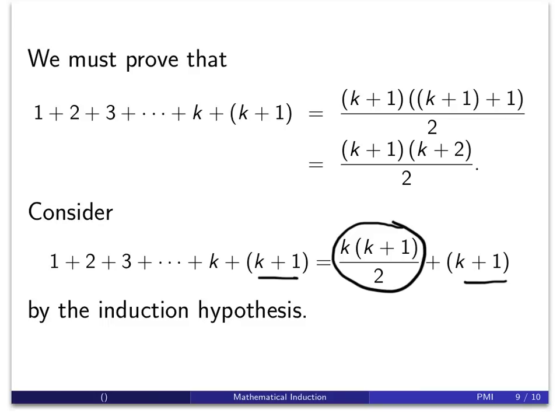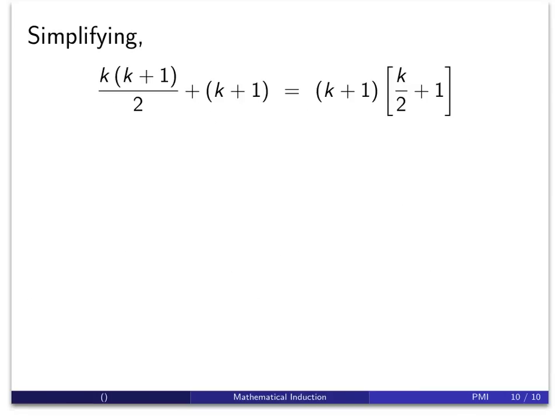A lot of these problems, not all of them, will have some nice things that can be factored. So notice that I have k plus 1 in each term. We're going to factor out k plus 1. When I factor it out of the first term, I'm only left with k over 2.